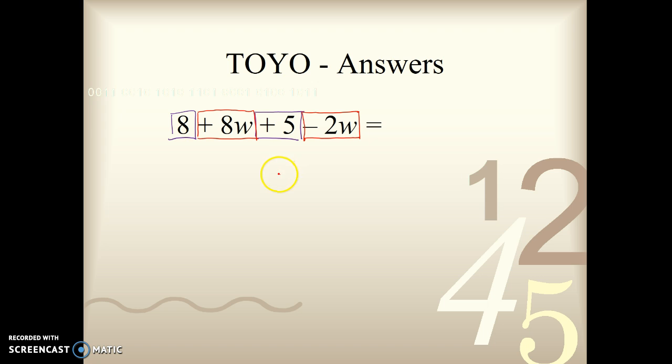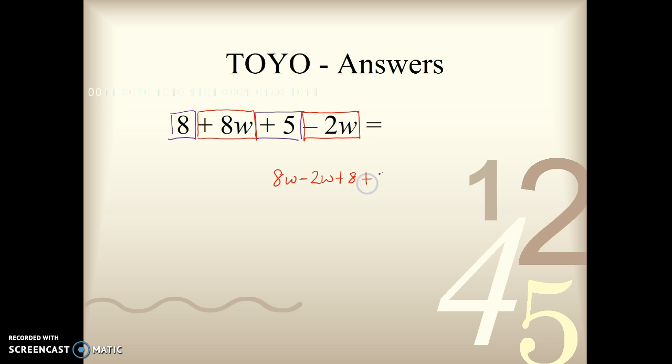And then you're going to rearrange. So I'll start with the w terms, 8w minus 2w. And I hope you notice how I'm keeping the sign that I boxed with the term next to it. So the sign that's to the left of the term always goes to the left of the term. That is super, super key.